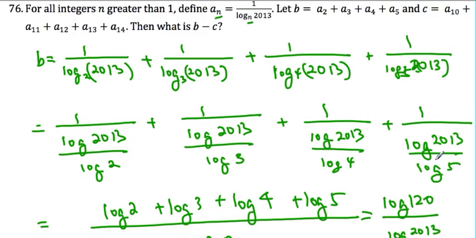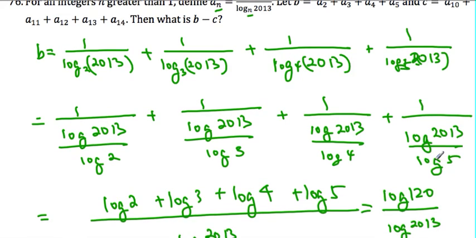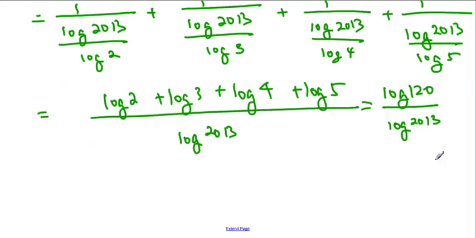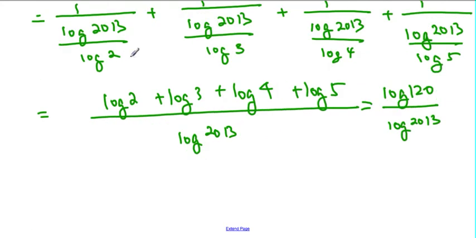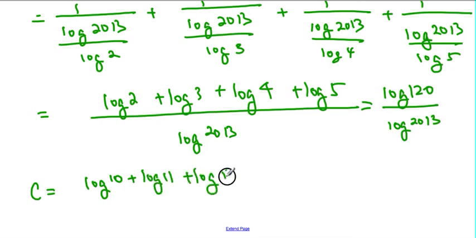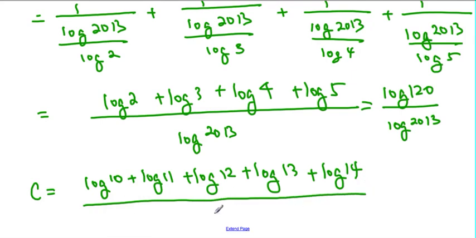Now, second one. And as you can see, what we have done is that's the B, and then to find C, we have to start from 10 all the way up to 14. Then C, if you have to follow the same procedure, will be log of 10 plus log of 11 plus log of 12 plus log of 13 plus log of 14 all over log of 2013.